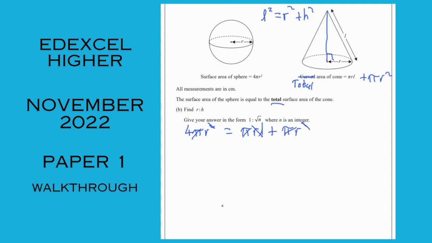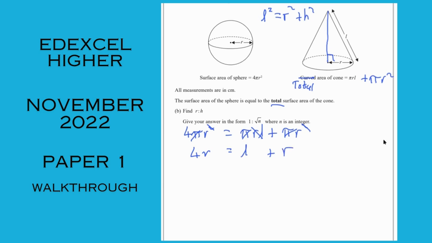Let's tidy it up and see where we're at. So 4r equals L plus r. So you can take an r away from both sides and replace L. We know what L squared is, so L is the square root of all that.